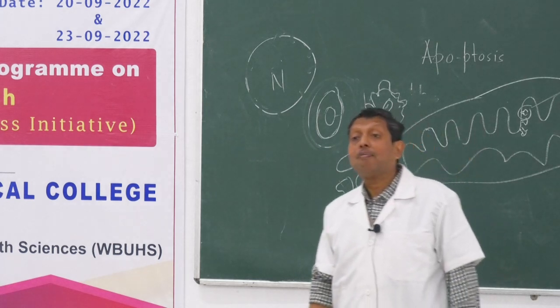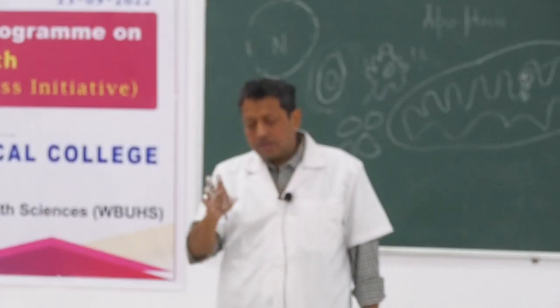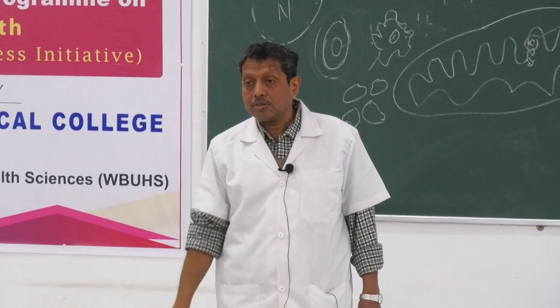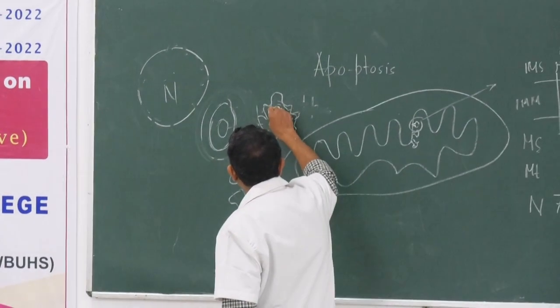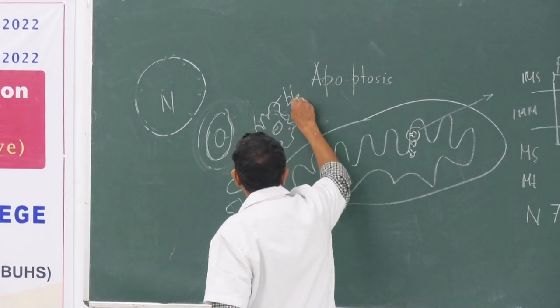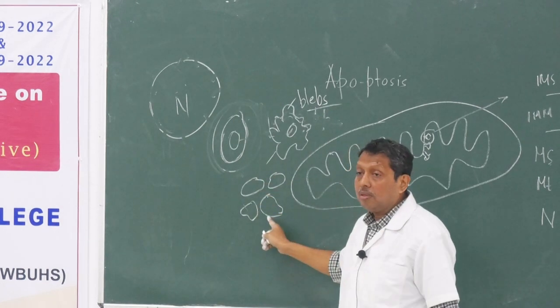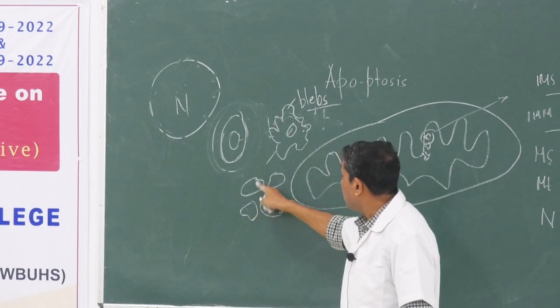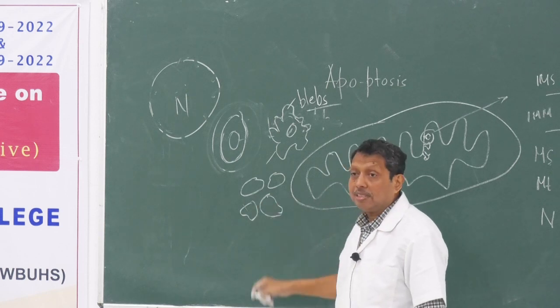There is DNA fragmentation, and chromosomal and cytoplasmic condensation. Ultimately they are broken down into parts, no cellular content comes out, and they are engulfed by these cells.